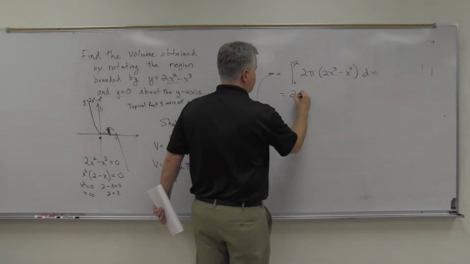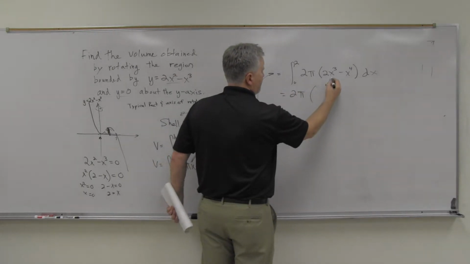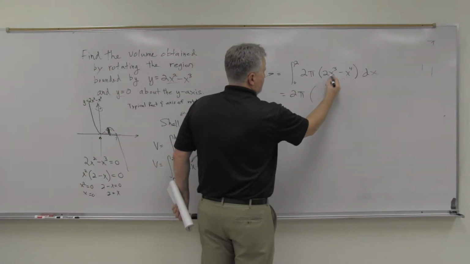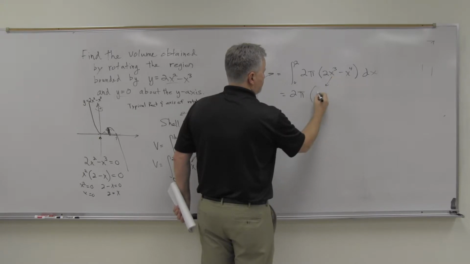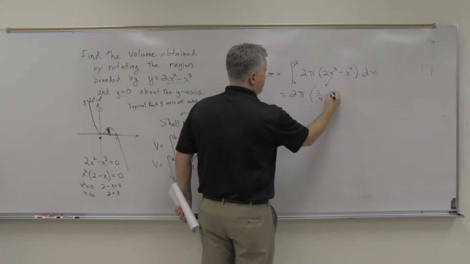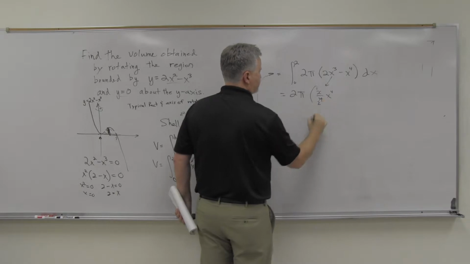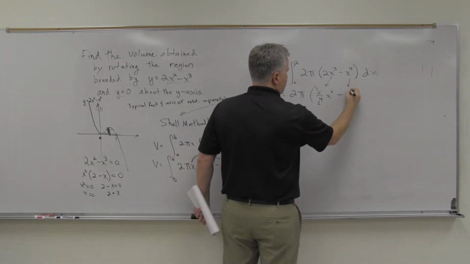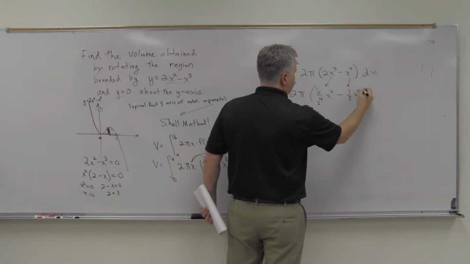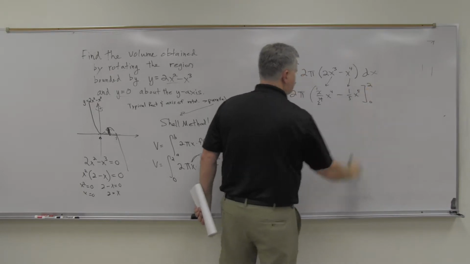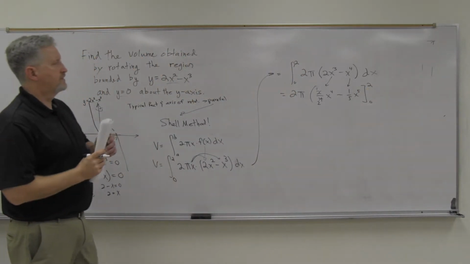So now all we have to do is 2 pi times the antiderivative of that. The new power would be x to the 4th, so that'd be 2/4 x to the 4th, which reduces to 1/2 x to the 4th. The antiderivative of x to the 4th would be 1/5 x to the 5th, and it goes from 0 to 2.